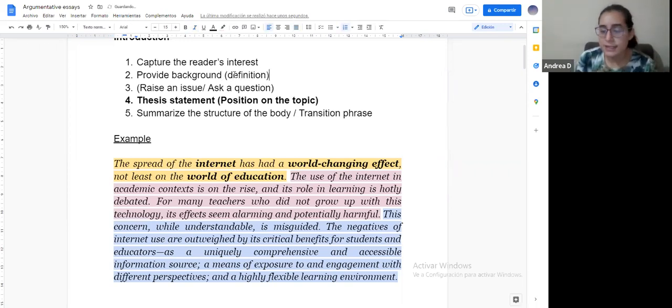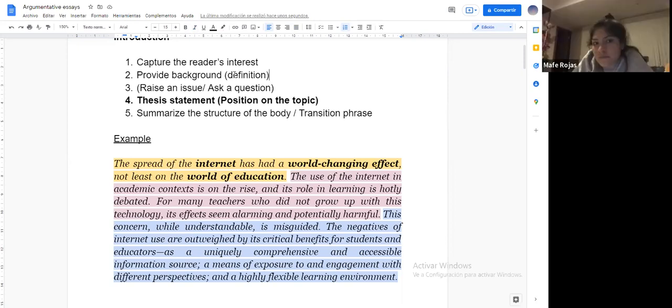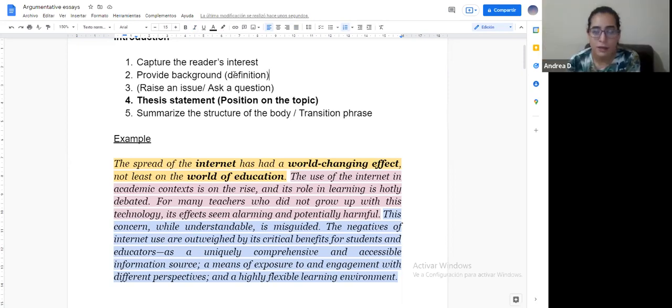So for example, if it's an essay on a more complicated topic, like maybe you're trying to discuss who first created calculus. That's a complicated issue, something that maybe people don't know what calculus is. So in that case, you can define what the topic is about. You can also acknowledge that it's an issue that needs to be treated.